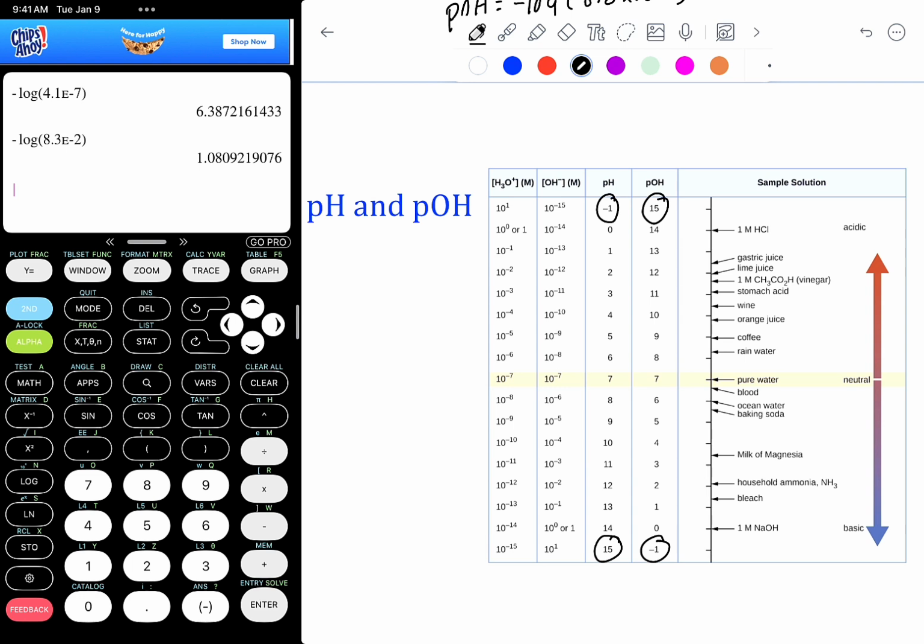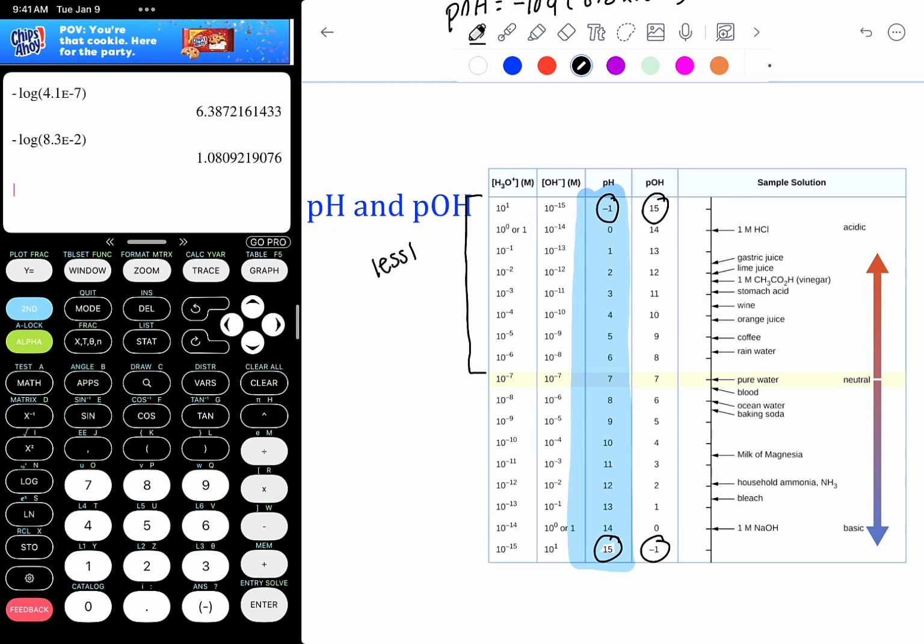So we can see here a bunch of different things that are acidic or basic. I'm looking specifically at the pH column. If something has a pH less than 7, then it is considered acidic.